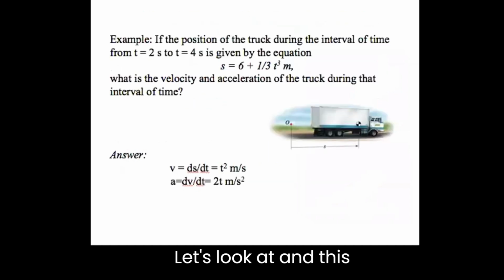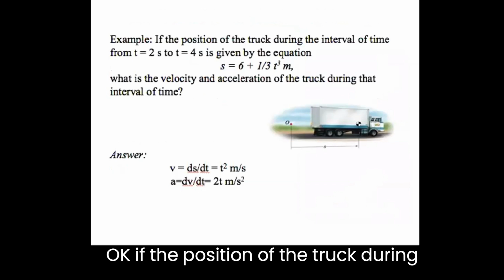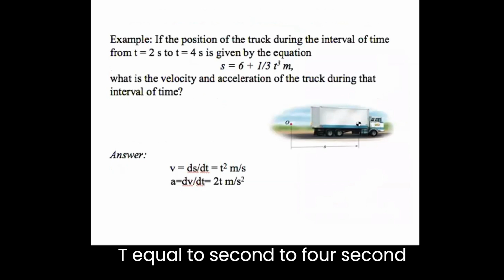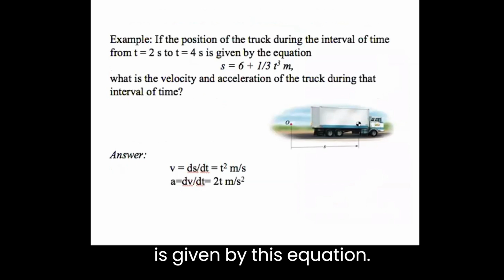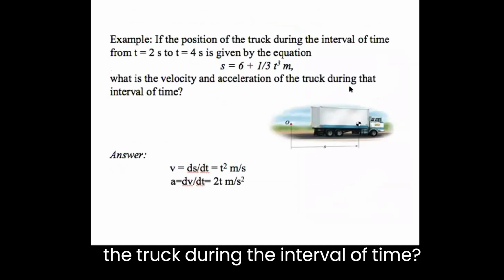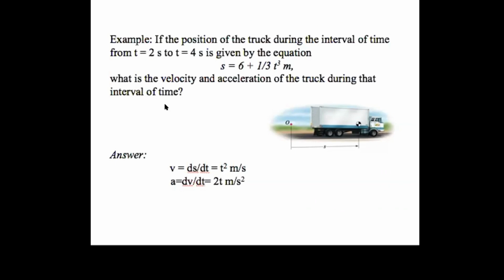Let's look at this example. If the position of the truck during the interval of time t equals 2 seconds to 4 seconds is given by this equation, what is the velocity and acceleration of the truck during the interval of time?